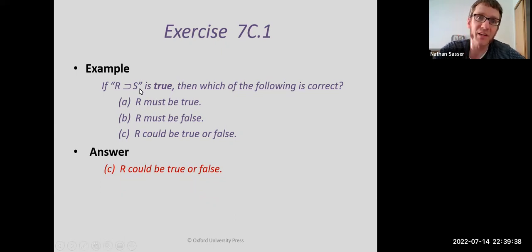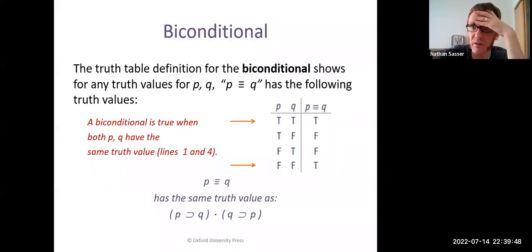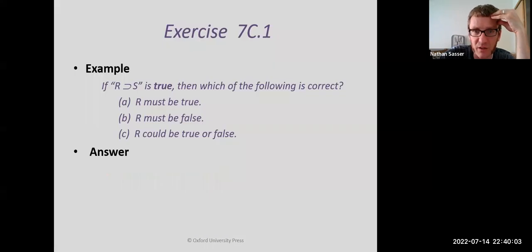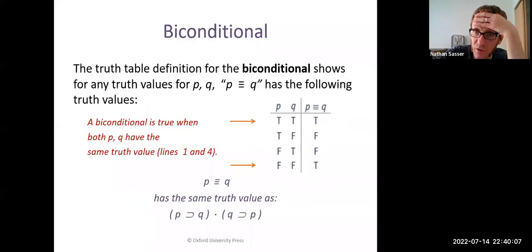If the conditional statement is true, then does R have to be false? No, certainly not. Again, look at the truth table here. Is there any line where the conditional is true, but R is true?